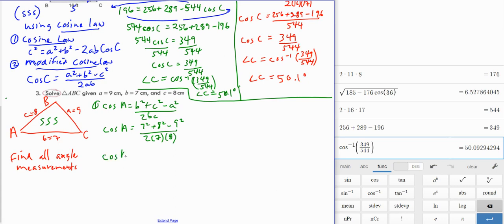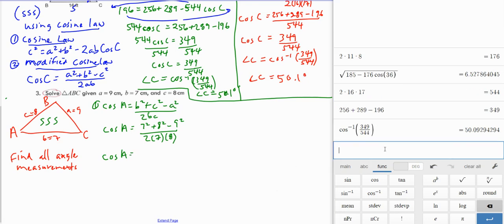Cos A. Well, let's use our calculator over here. 7 squared plus 8 squared minus 9 squared. We get 32.